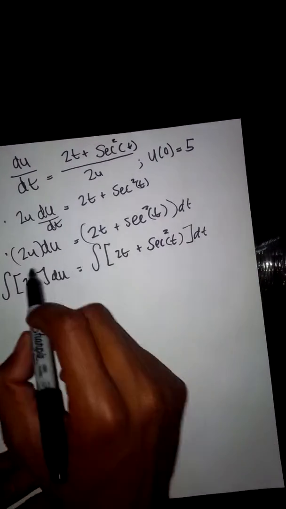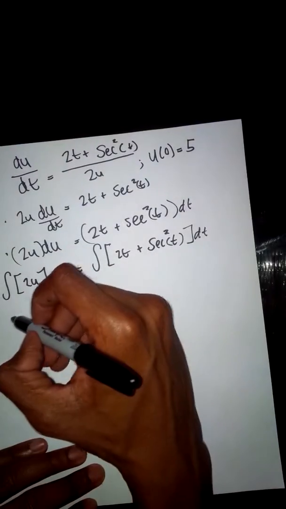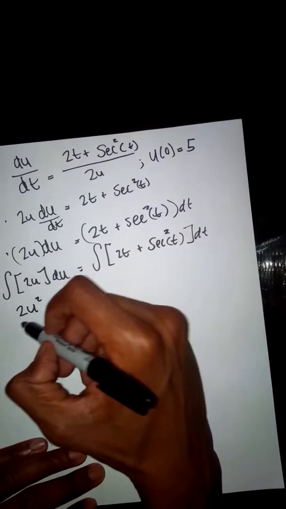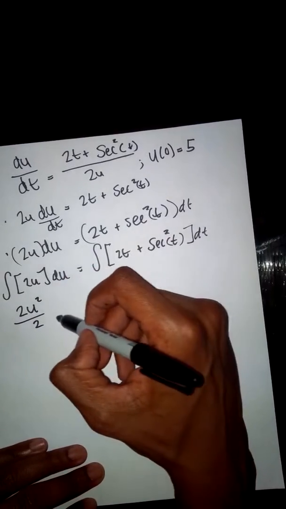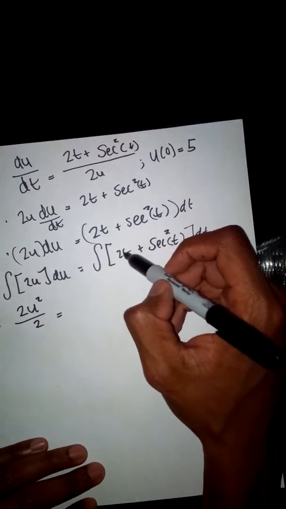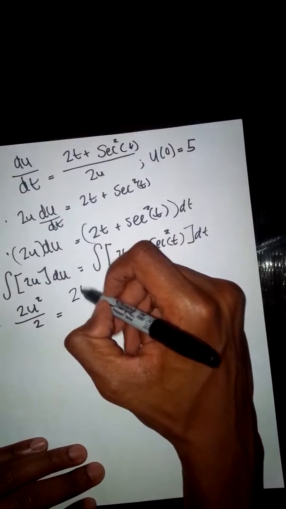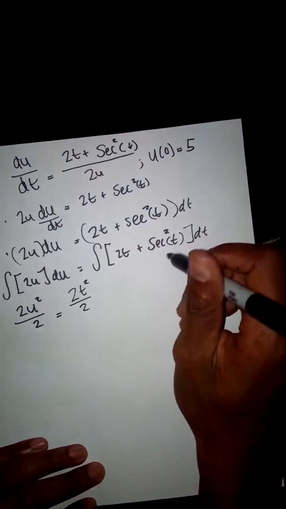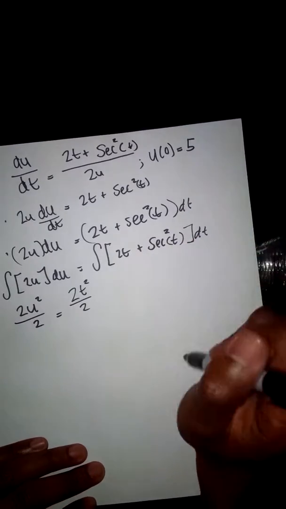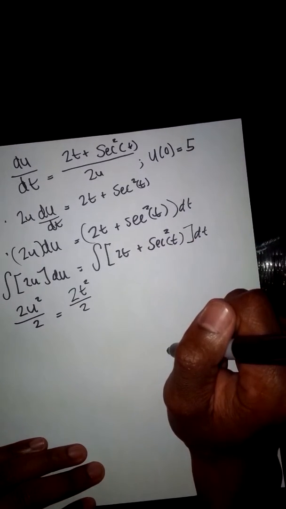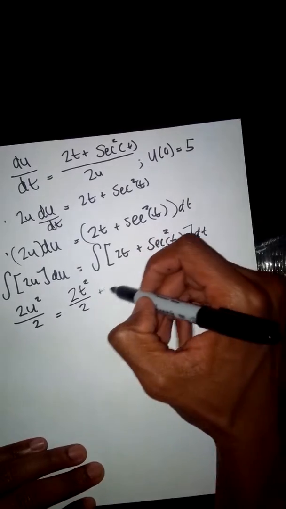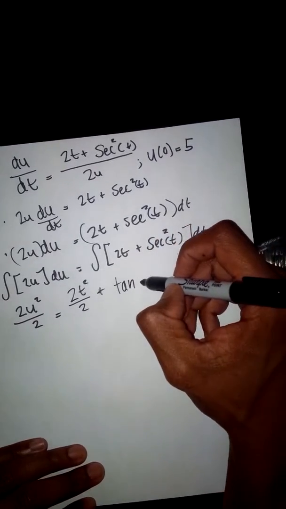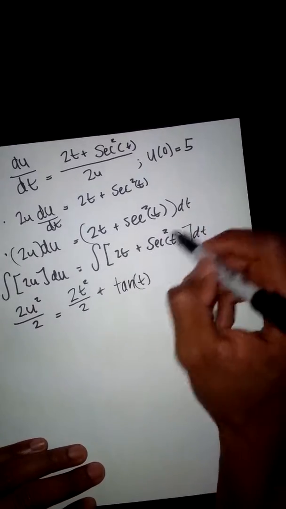Evaluating both integrals, the integral of 2u is going to be 2u squared divided by 2. The integral of 2t is going to be 2t squared divided by 2. And what is the integral of secant squared t? It's going to be tangent. This is stuff, I'm not going to lie, this got me earlier.